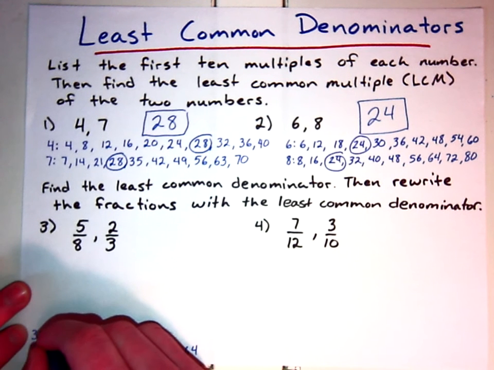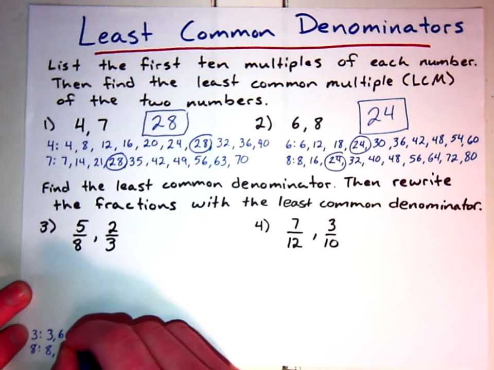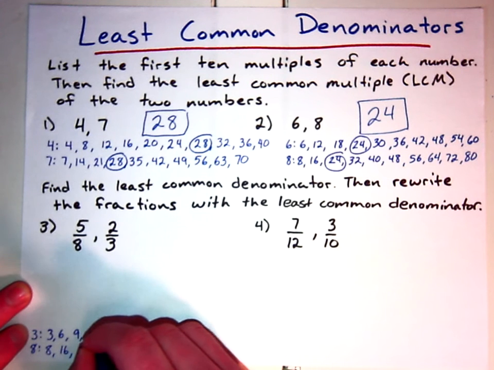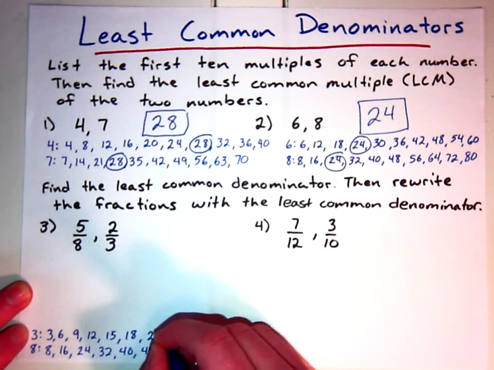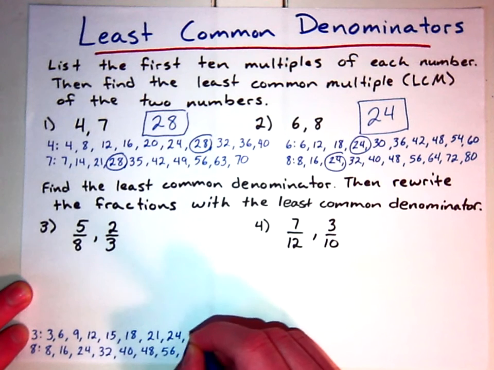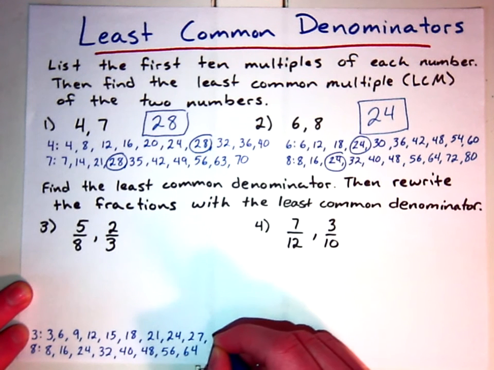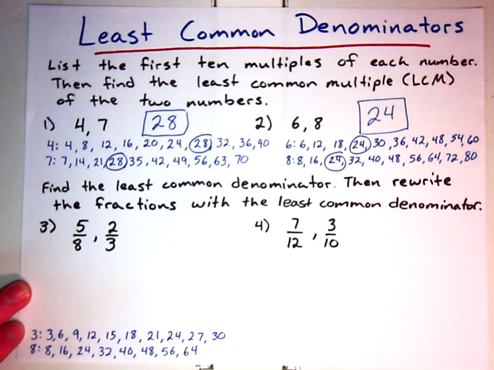So let's try this one. 3, 6, 9, 12, 15, 18, 21, 24, 27, 30. Let's check this one out. 24 is the one I see. You can check over that, make sure I haven't made a mistake. But I believe 24 is the one we're going to work with.